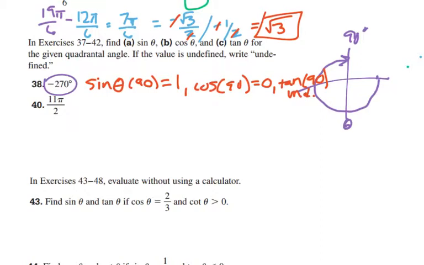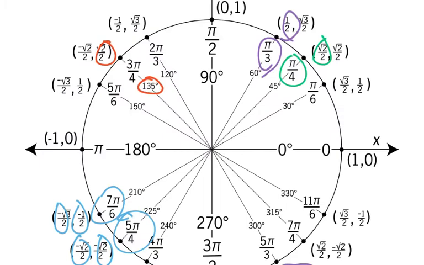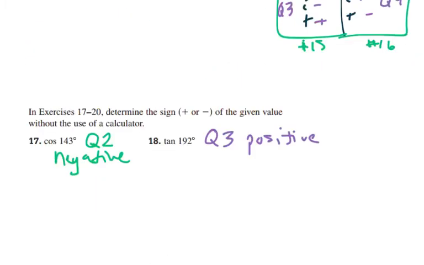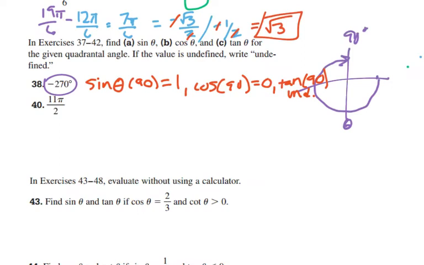The next one, 11 pi over 2. Let's see, 11 pi over 2 is going to be on an axis, so we're going to have to subtract some over 2's. So negative 4 pi over 2, and then another 4 pi over 2, and then we'll finally get 3 pi over 2. And so 3 pi over 2 is actually 270 degrees, not negative 270.